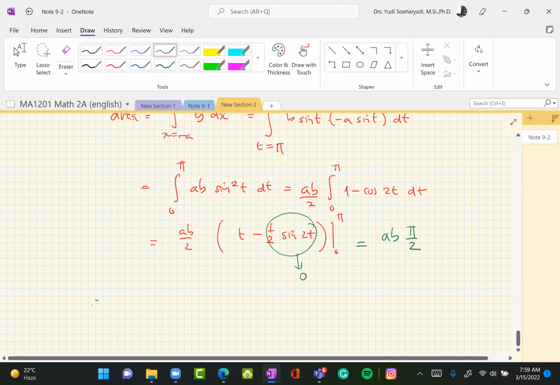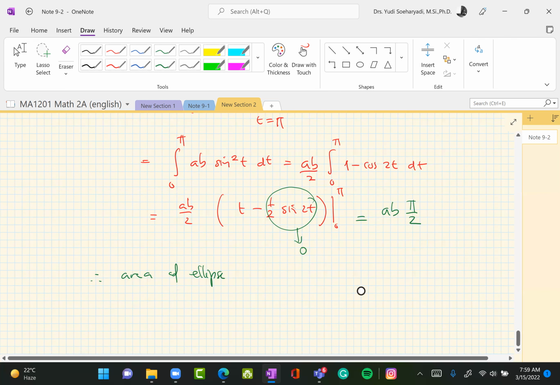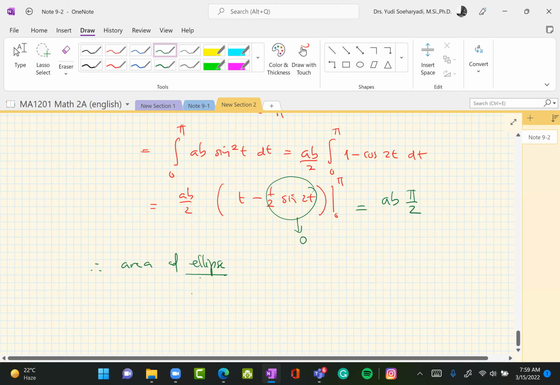So the area of the ellipse, the whole area. What's an ellipse? An ellipse is this one, with minor and major axes a and b. The area is ab times pi. Well, let's check this one.